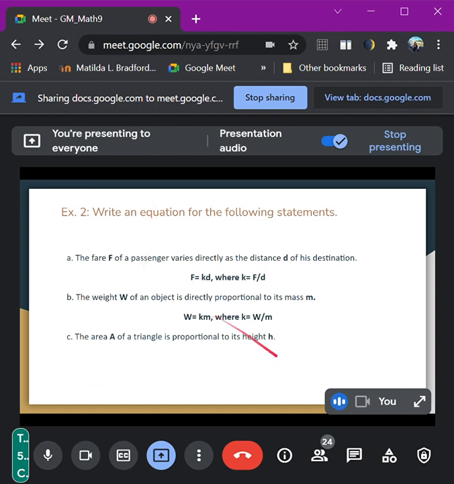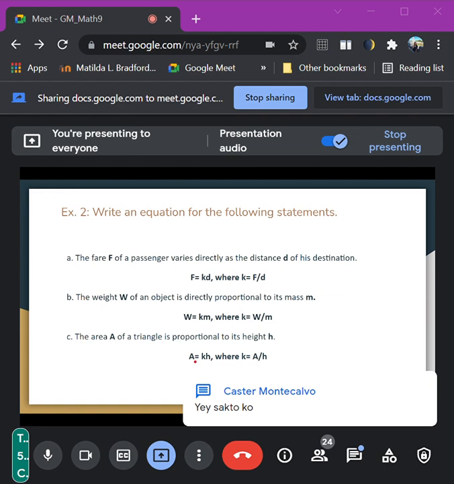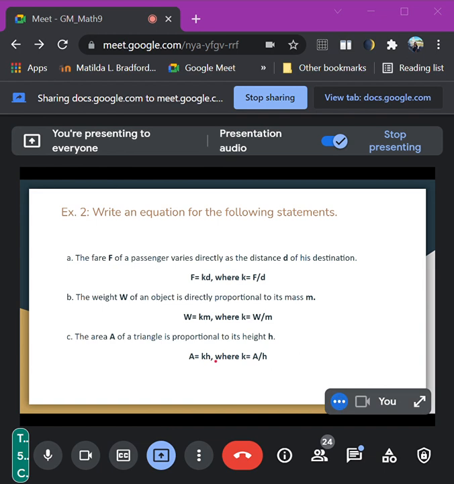Okay. So you have there, class. Very good. So if we're going to read that one, the area of a triangle is proportional to its height. You have there A is equal to K times H, where K is equal to A over H. Okay, so far, any questions in writing equations for the following statements?